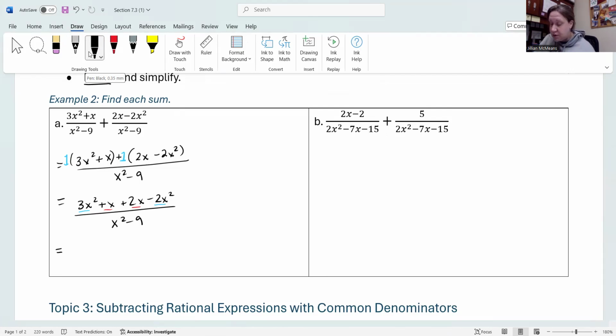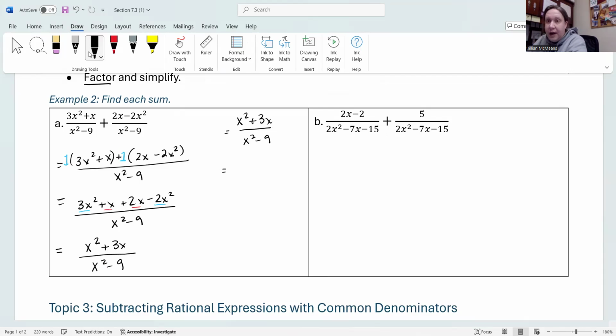That's just 1x squared. And then x plus 2x is 3x. And then my denominator is still x squared minus 9. It's at this point that you want to factor. So we've already done a good bit of work before we even thought about factoring, okay? So let's bring this all the way over here to the top. So I've got x squared plus 3x all over x squared minus 9.